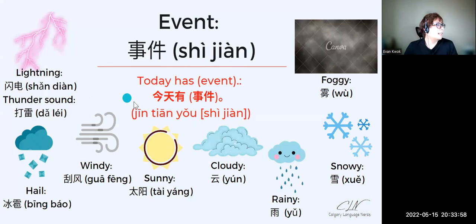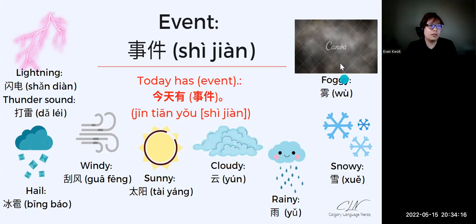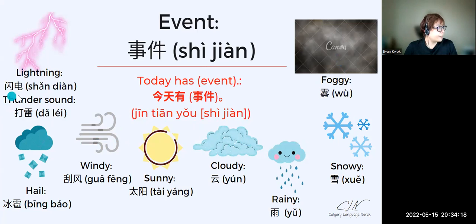事件. To respond, we'll say 今天有 and whatever event we have. 今天 is today. 有 is has. It could be lightning, thunder sound, hail, wind, sun, cloud, rain, snow, fog, all of these.